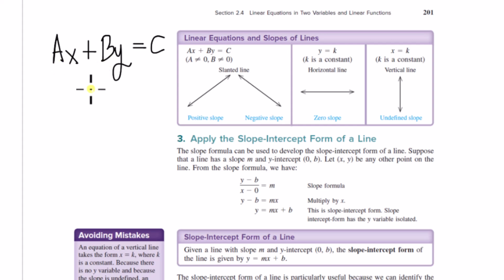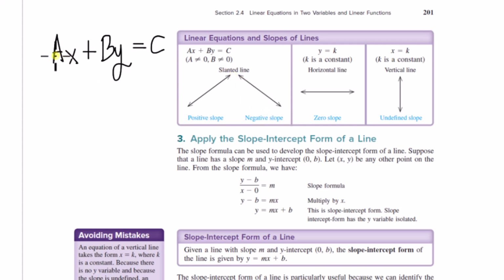Then with that, this is the form for any line you could draw in any orientation in the Cartesian plane. And what we saw was that if both A and B are not 0, and C could be whatever, then you're going to have a slanted line, with a line that's slanted in this orientation having a positive slope, and a line slanted in this orientation having a negative slope.